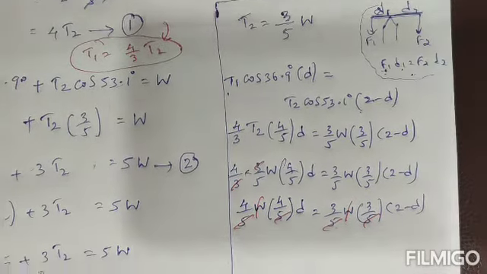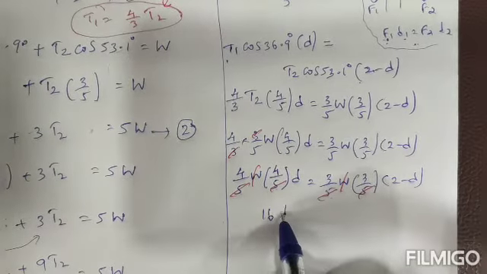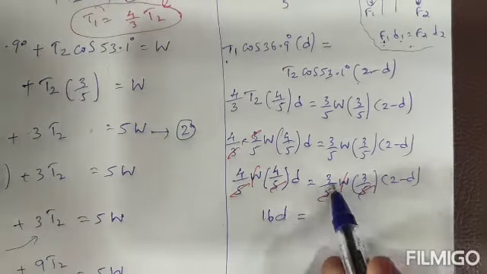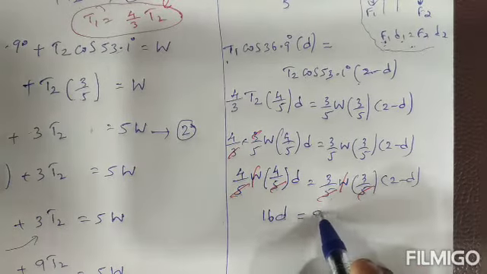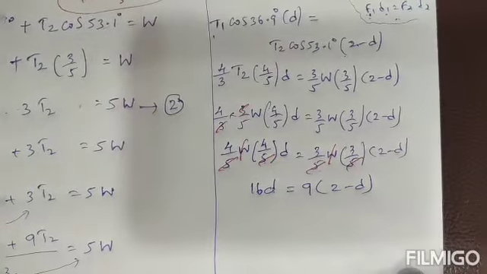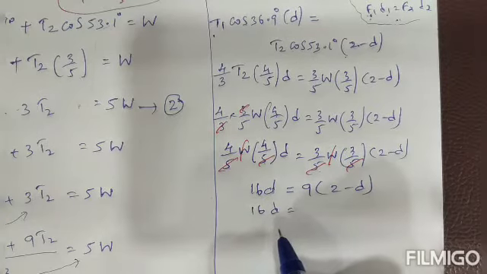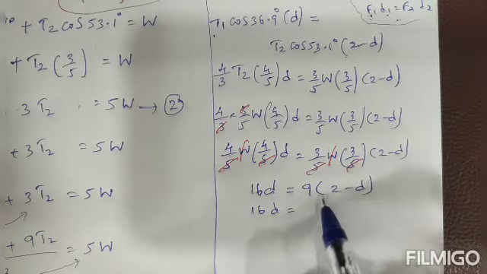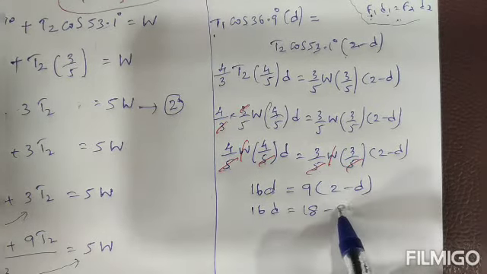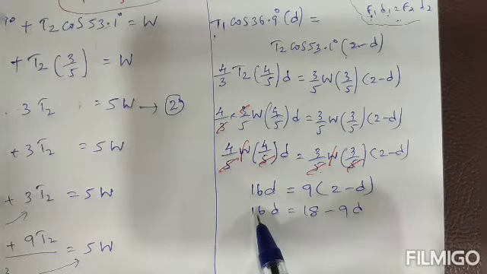So I can write the next step: 4 into 4 is 16, so 16D is equal to 3 into 3 is 9, so 9 into 2 minus D. So 16D is equal to 18 minus 9D. Moving minus 9D to the left side, plus 9D.